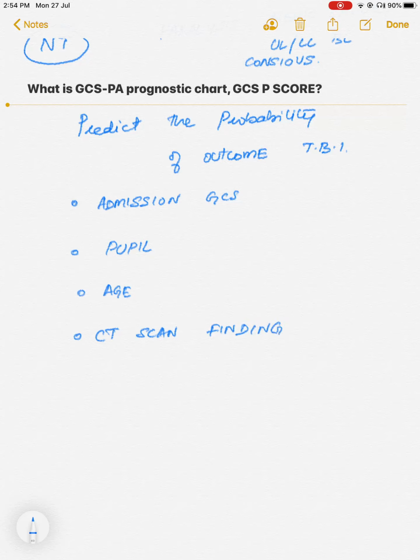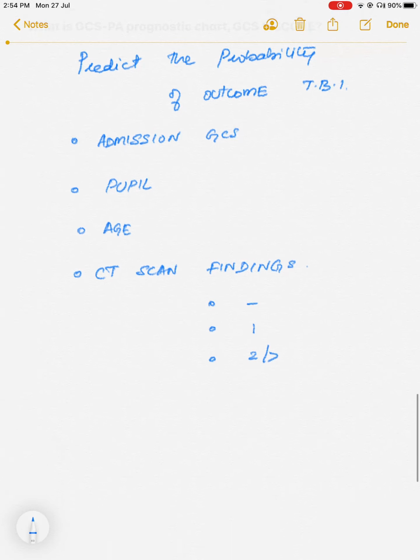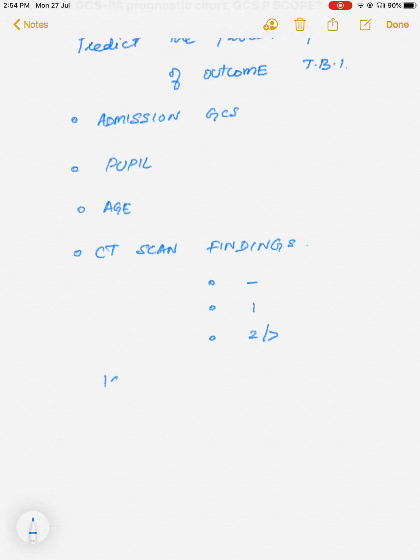CT scan findings could be either no abnormality, or one abnormality, or two or more abnormalities. By abnormalities, we mean ICH, or subarachnoid hemorrhage, or absence of basal cisterns.